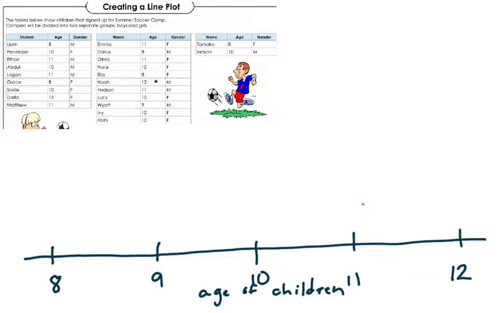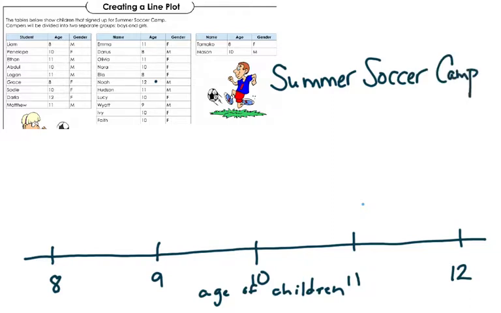Near the top, you're going to write summer soccer camp. Now we're going to put an X to represent each child that's signed up for summer soccer camp. I'm going to cross off so I don't miss anybody or duplicate the information.